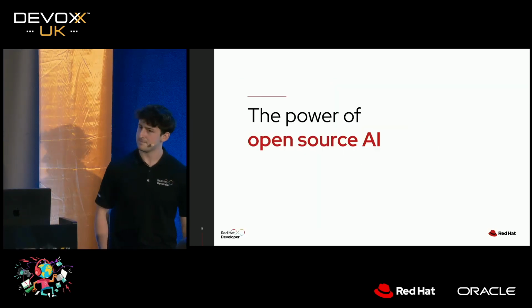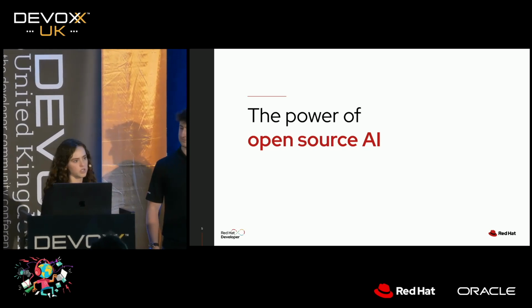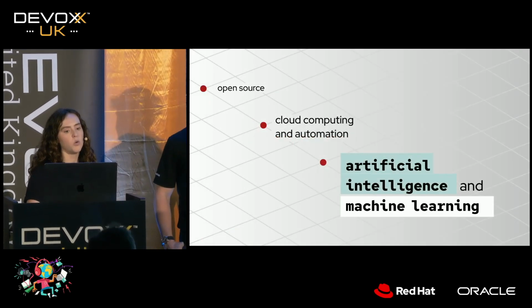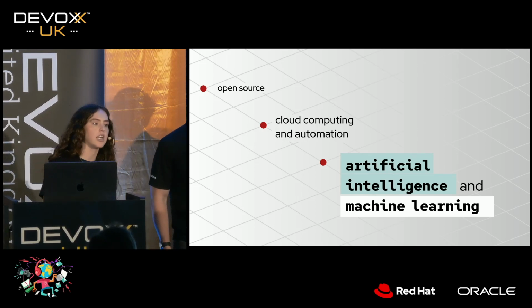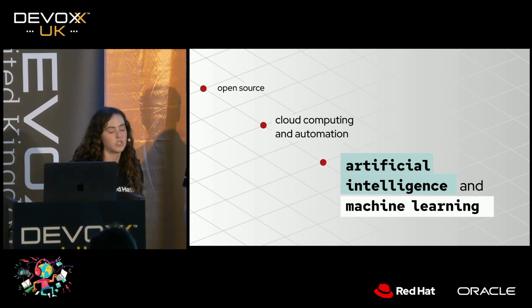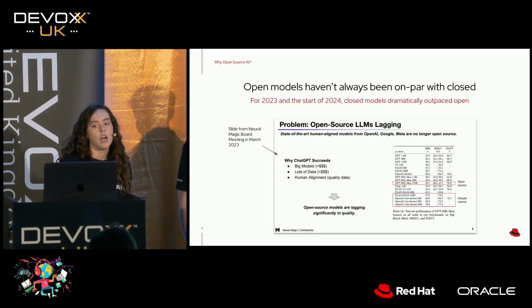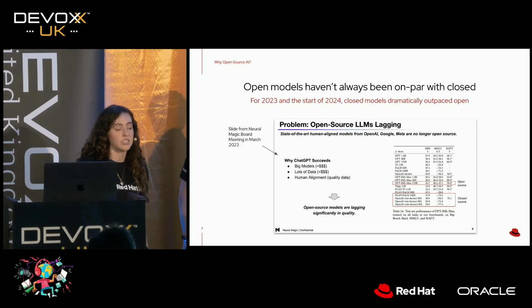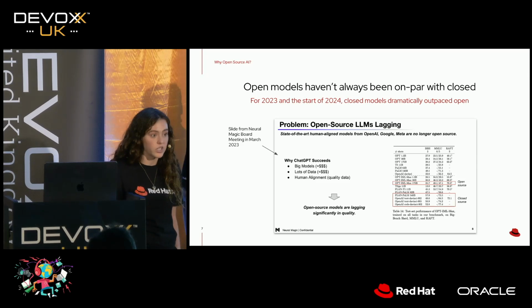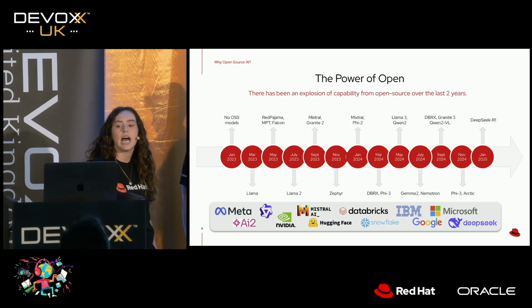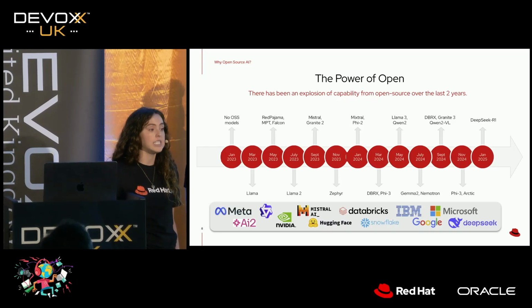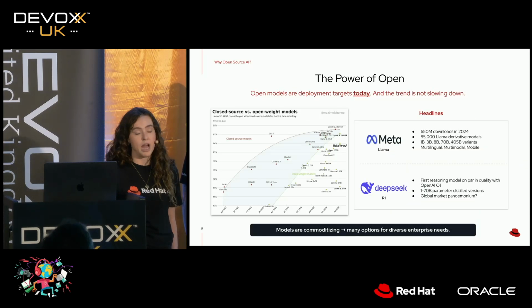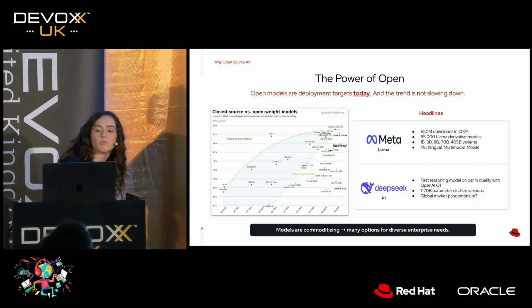Yeah. Okay, so we're going to start off talking about the power of open source AI. So we had the open source revolution, and then we saw cloud computing and automation, and now we're seeing open source in artificial intelligence and machine learning. Initially, we were seeing that models weren't necessarily on par with their open source alternatives, but we found that that has changed in the past few years. So we've all seen things like DeepSeek and Llama in the headlines, models that are open source that are really powerful and impressive.